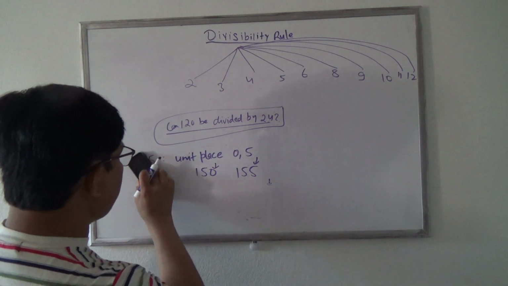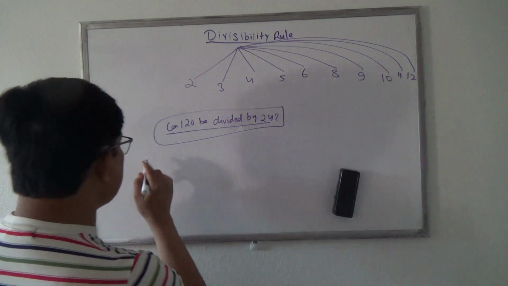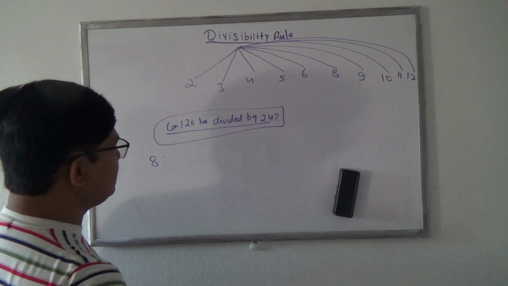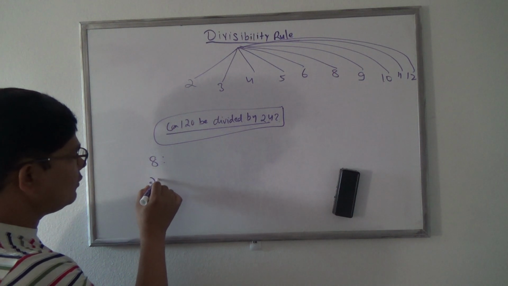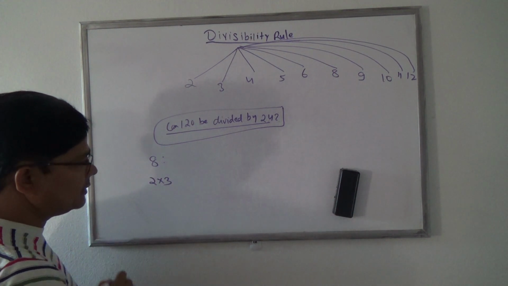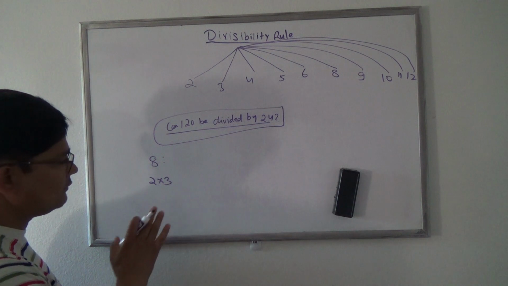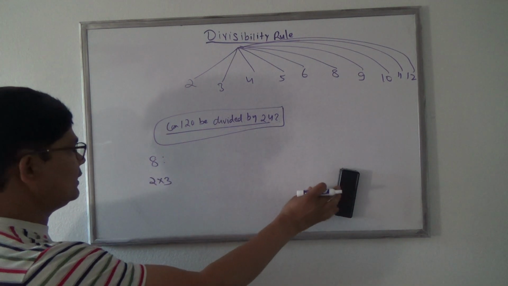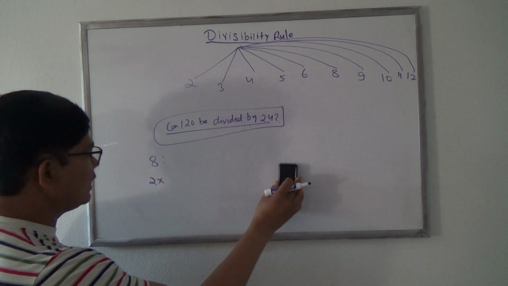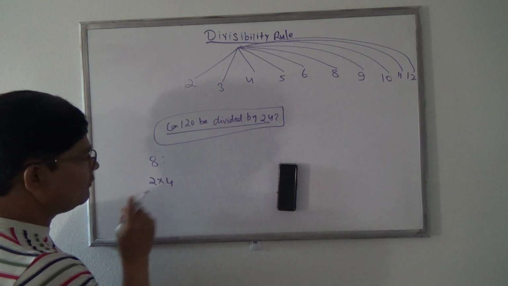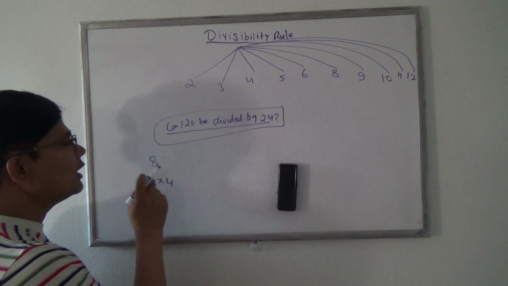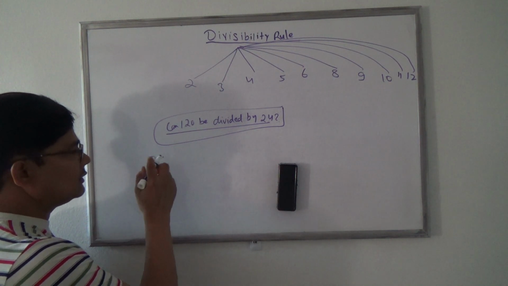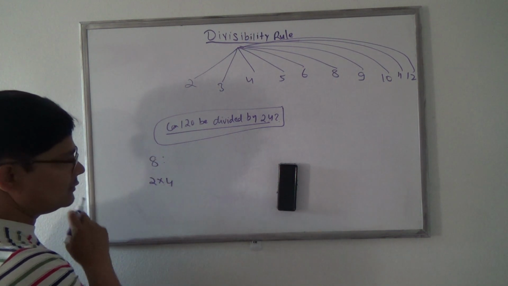Okay, now moving to 8. There are two ways to find if a number can be divided by 8 or not. One is the way we found the divisibility rule of 6: if that number can be divided by both 2 and 4, the same number can be divided by 8 also.